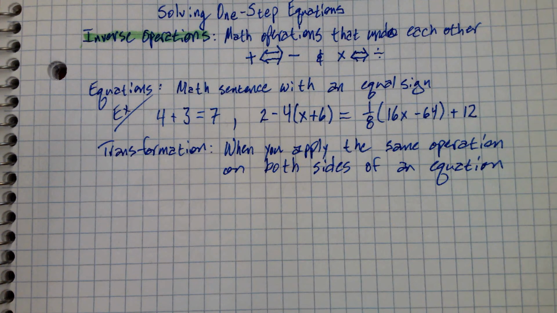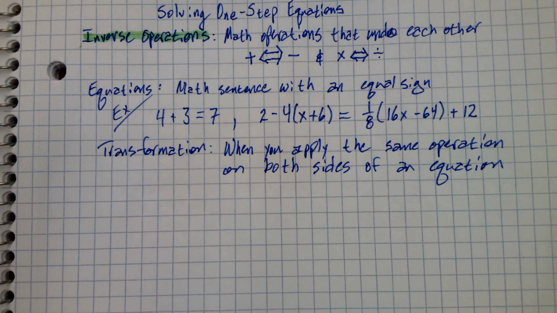And we do it to balance. It's called balancing the equation, keeping it equal. So whenever we do something on both sides of the equation, we're balancing the equation.